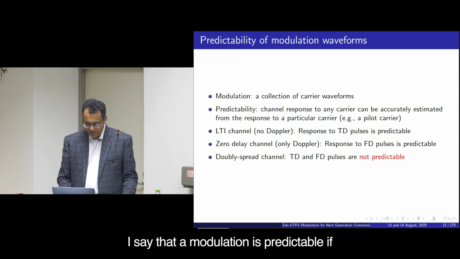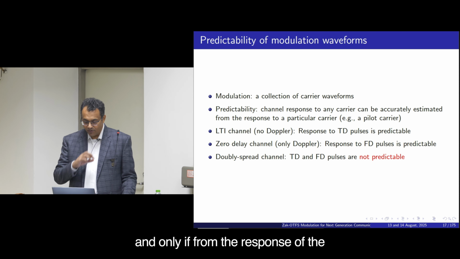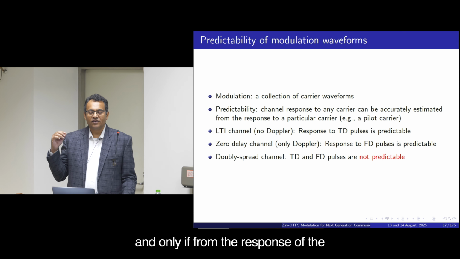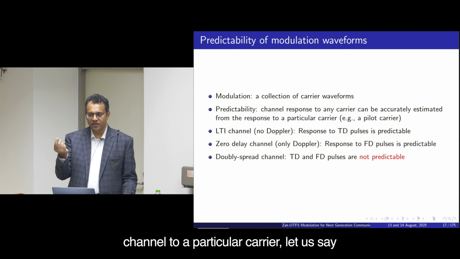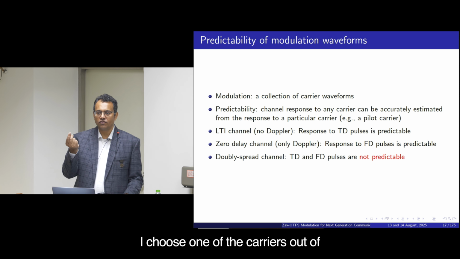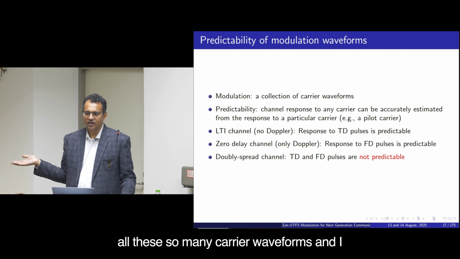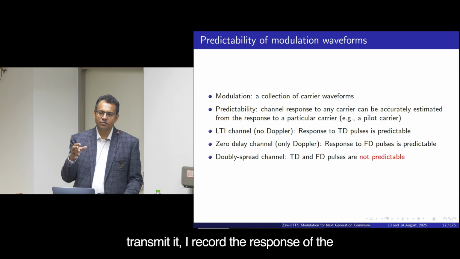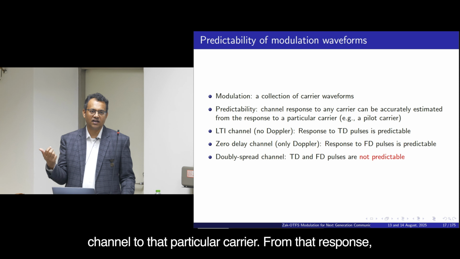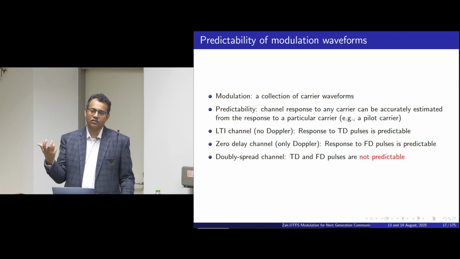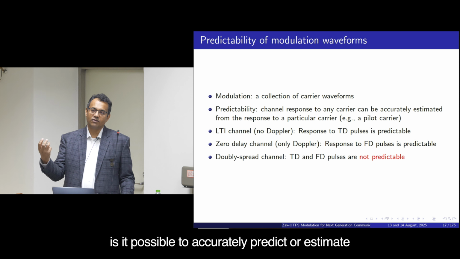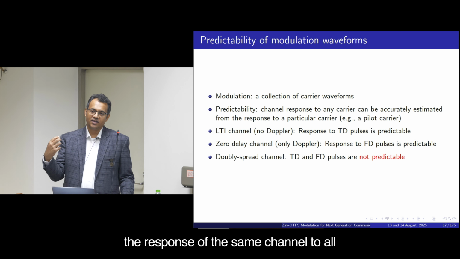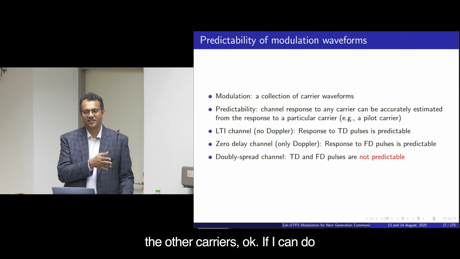I say that a modulation is predictable if and only if, from the response of the channel to a particular carrier, let us say I choose one of the carriers out of all these many carrier waveforms and I transmit it, I record the response of the channel to that carrier. From that response, is it possible to accurately predict or estimate the response of the same channel to all the other carriers?